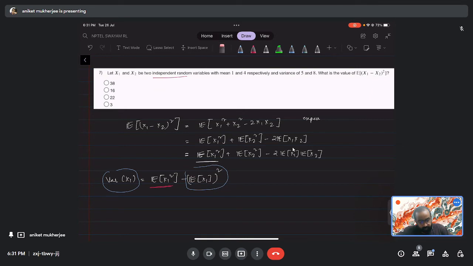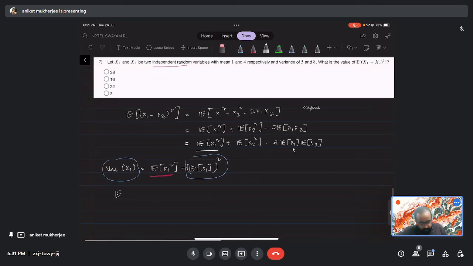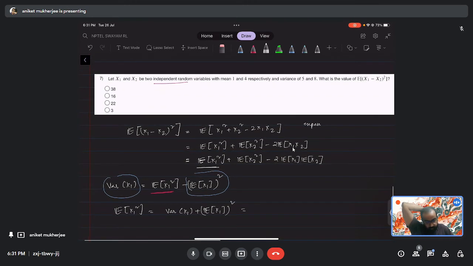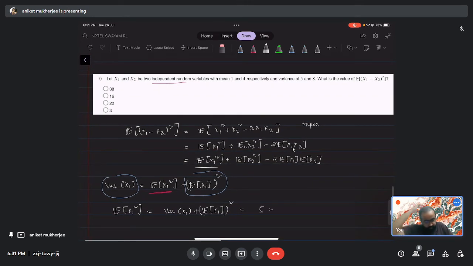So expectation of x1 square is equal to the variance of x1, which is 5, plus expectation of x1 whole square, which is 1, so it's 6.